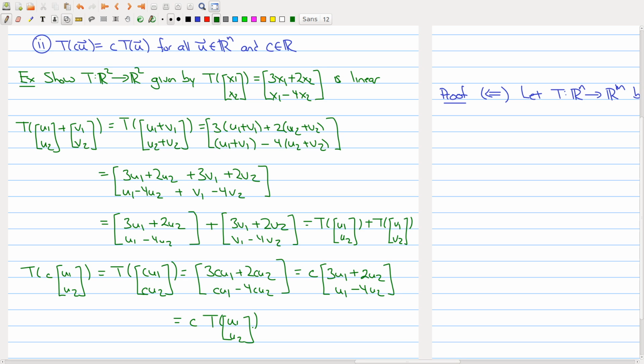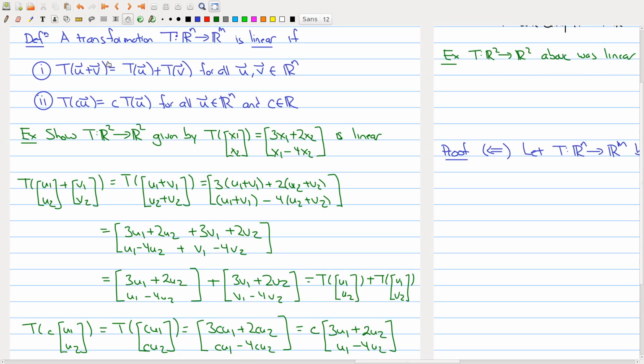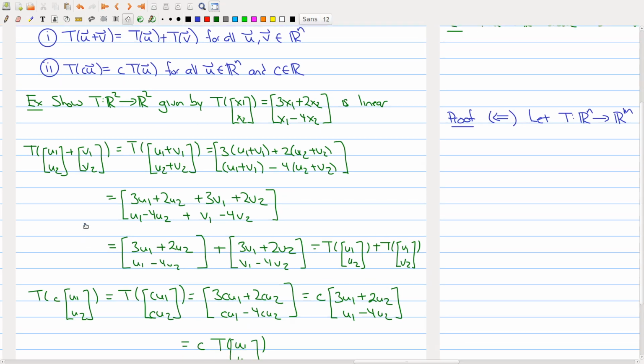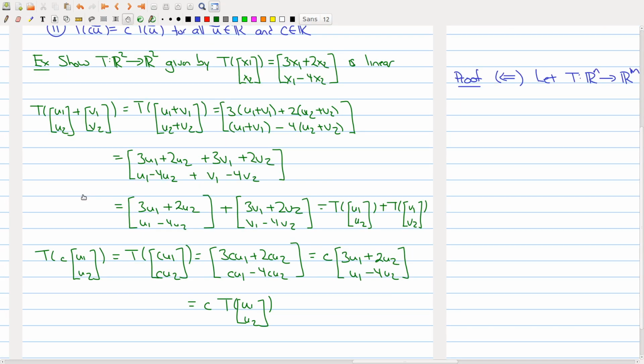Okay, so because this function satisfies both of these conditions, it has to be a linear transformation. Okay, so T is a linear transformation.